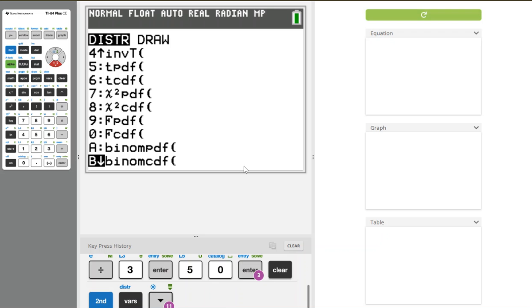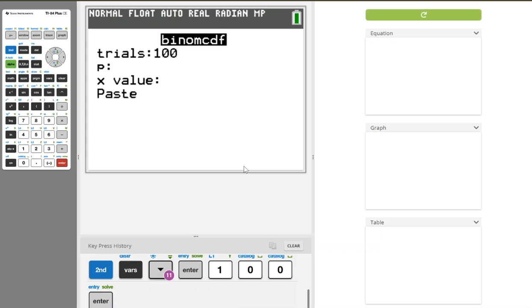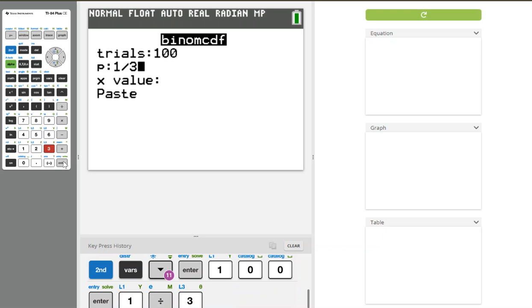If I was only interested in the likelihood of when you win 50 times and didn't care about the less than part, we would go with PDF. But we want CDF here. So our parameters were our 100 trials, and with the probability of 1/3 for winning.